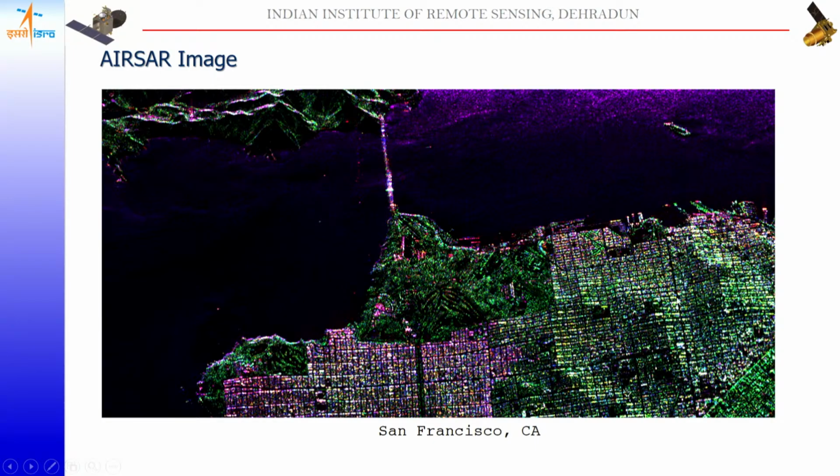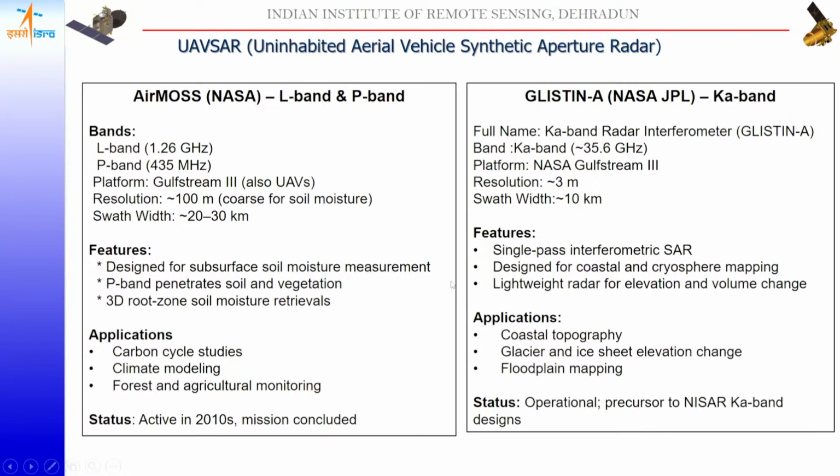You can see it is appearing as a different backscatter and giving the volume scattering type of thing. So it is giving the double bounce, and due to the orientation it is giving the volume scattering type of thing. Here full blue is the ocean, and this is the vegetation.